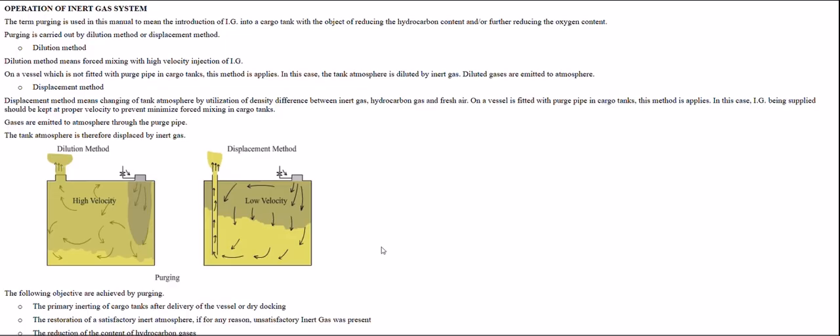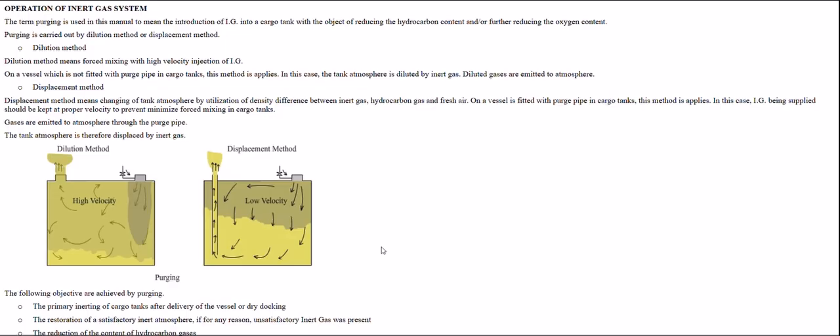In this case, the tank atmosphere is diluted by inert gas, and the diluted gases are emitted to the atmosphere. The more it is diluted, the more the hydrocarbon and oxygen concentration slowly reduces, the mixed vapor goes out, and inert gas replaces the volume.